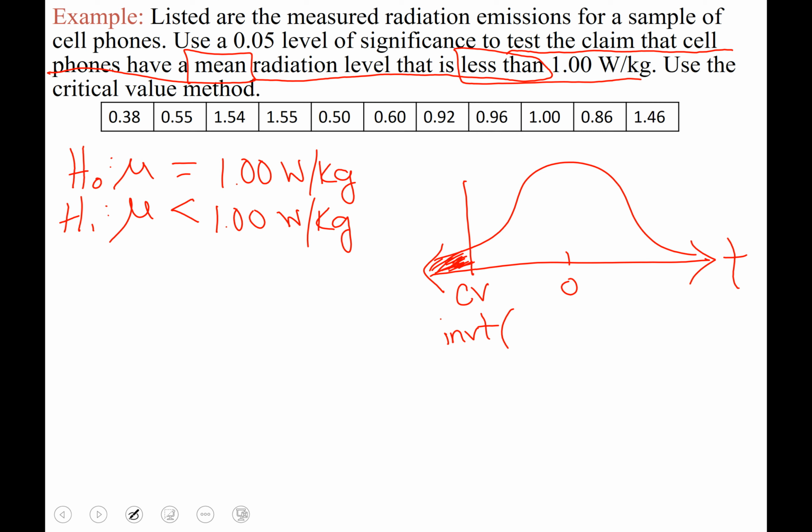Hit second, distributions. Scroll down to inverse t. It's a capital T. And open that program. The first thing it wants from us is the area. My calculator always requires the area to the left, so that would be that little shaded region.